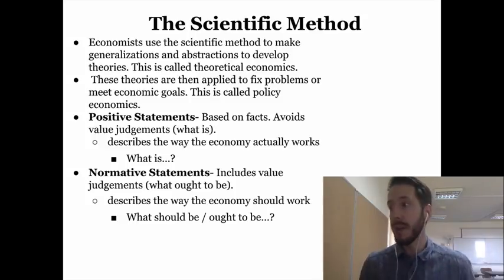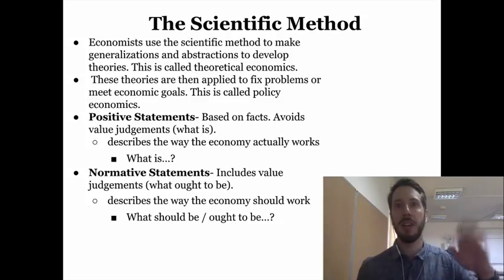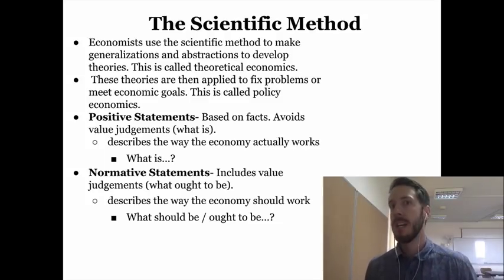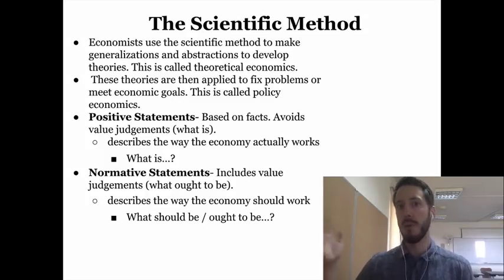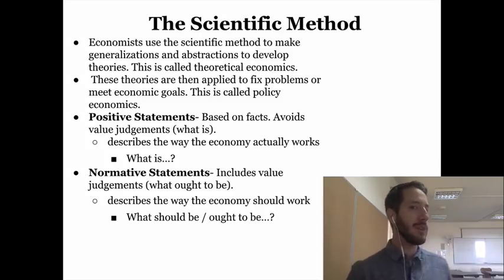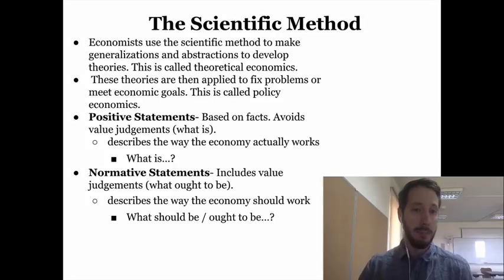A normative statement could be something like every country in the world should provide free health care for their citizens. That is an economic statement because to do that would require taxes and money and things like that. But that's an opinion. It's not a completely true, inarguable fact. So there are positive statements we can make based on models and normative statements that we can make based off models.